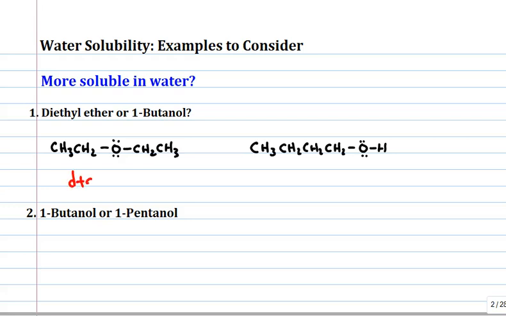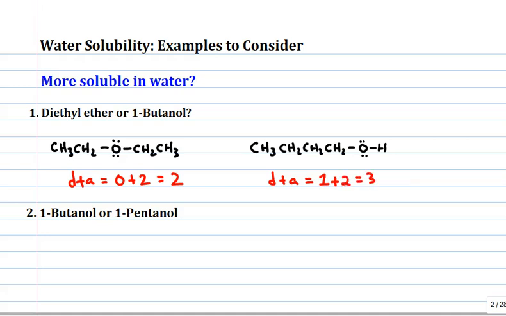So D plus A equals the number of donors plus acceptors. There's no hydrogen bond donors in diethyl ether. There are 2 hydrogen bond acceptors, so D plus A equals 2. Let's go over to the other one. The number of donors in 1-butanol is 1, plus the number of hydrogen bond acceptors is 2, that's 3.